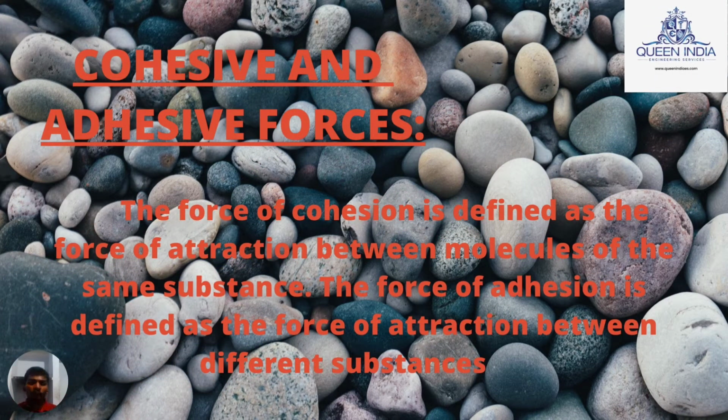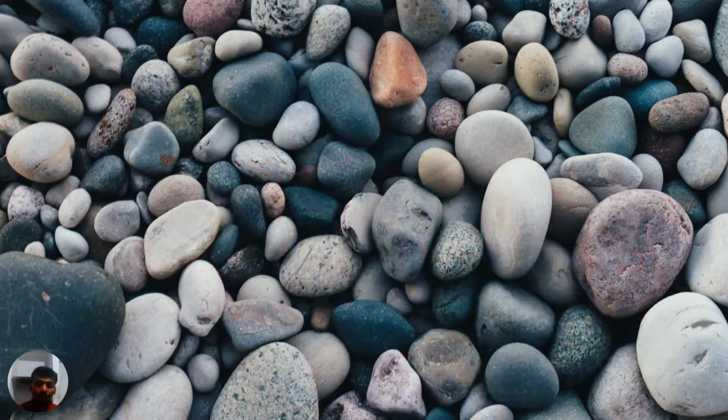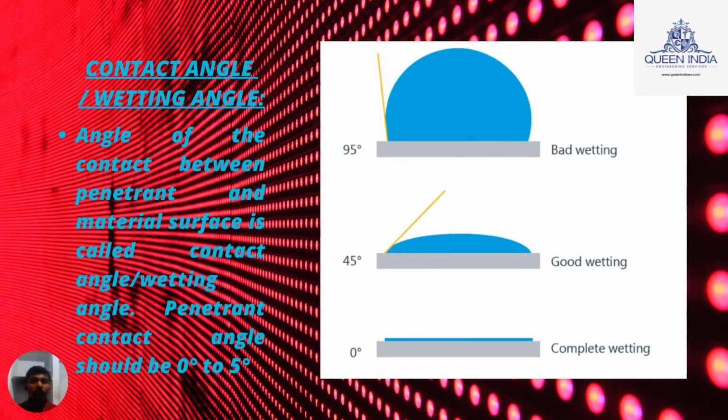Cohesive and adhesive forces. The force of cohesion is defined as the force of attraction between molecules of the same substance. The force of adhesion is defined as the force of attraction between different substances. Contact angle or wetting angle.